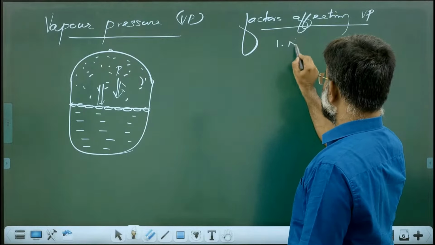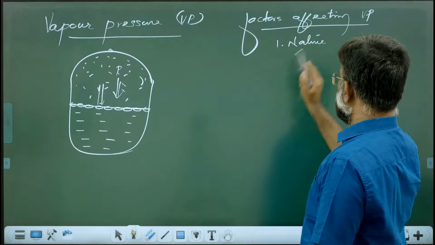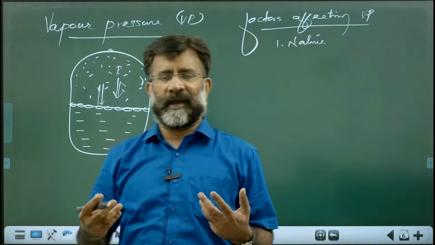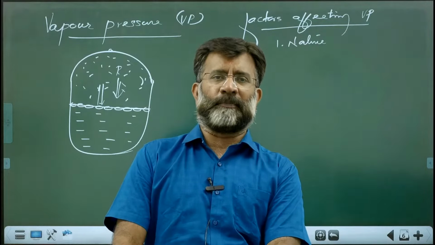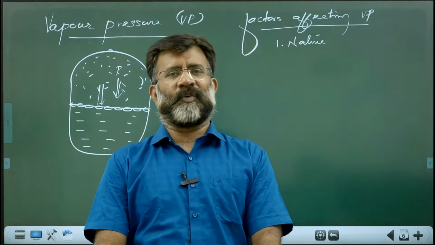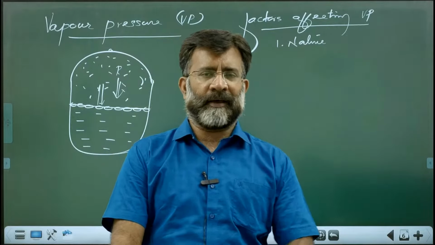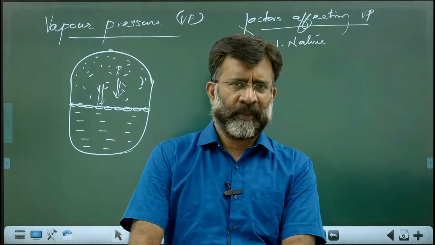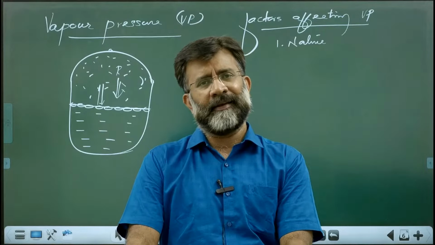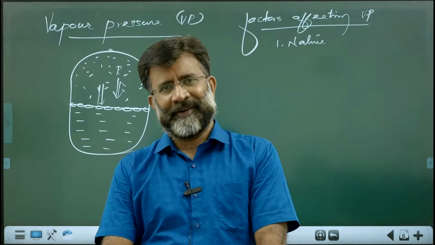Number one is nature. Different materials have different degrees of evaporation. There are materials which are volatile and non-volatile. Volatile materials evaporate easily, while non-volatile materials evaporate less. Do you understand?